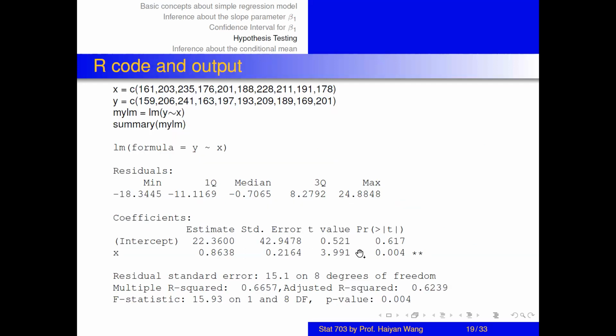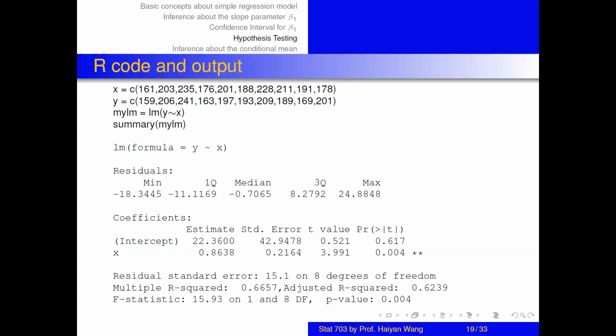If we wanted to have a confidence interval regarding the slope parameter, how do we do that? We already explained it's going to be beta 1 hat plus or minus the critical value of the t times the standard error. But we do not have the computation done directly. Instead, we'll have to do it manually.